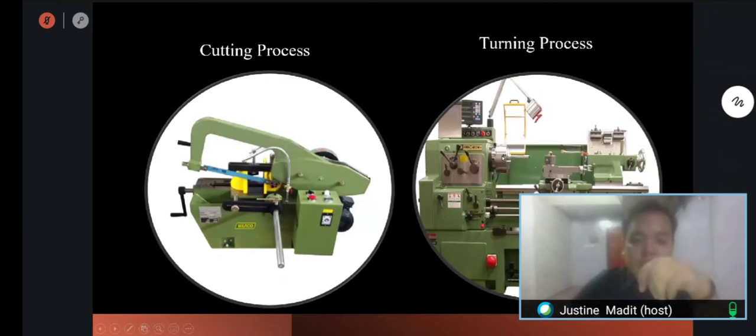The spindle chuck needs to be clamped properly and tightly to avoid the stainless steel rod flying and hitting your head, or causing vibration because you didn't tighten it properly, and that is very dangerous. By tightening and properly clamping it, you secure your safety while doing this turning process.